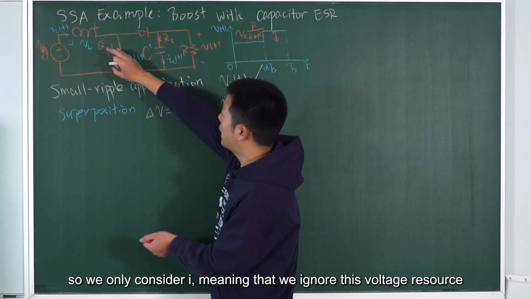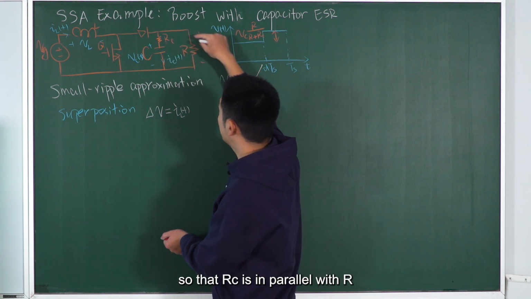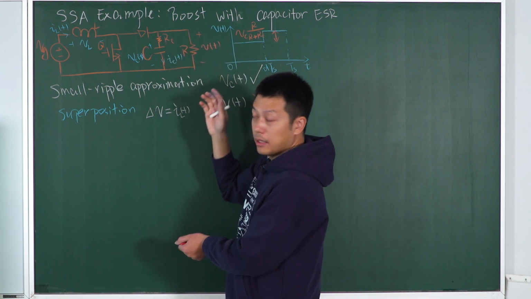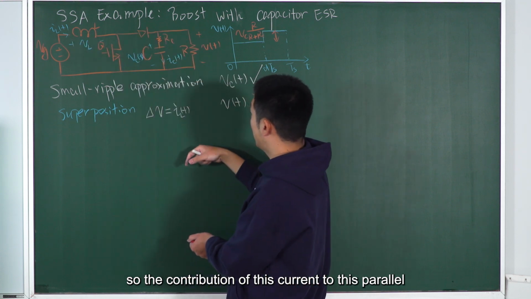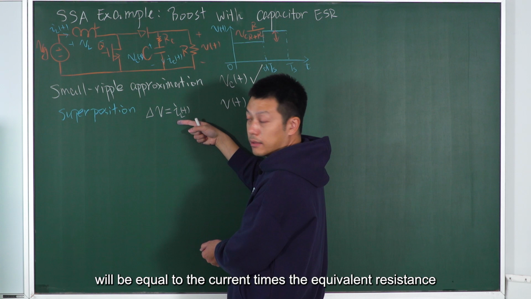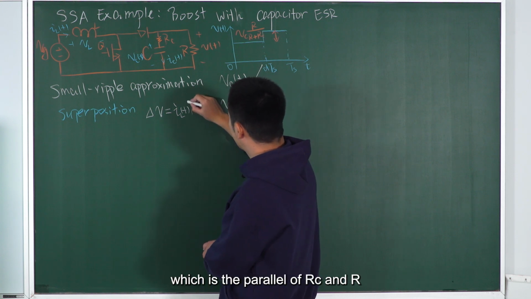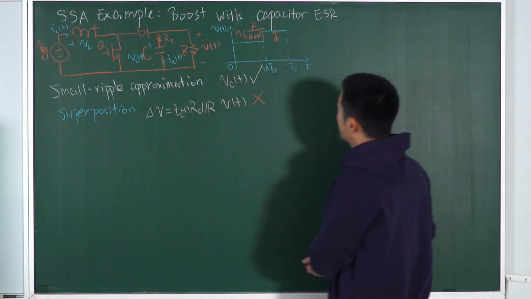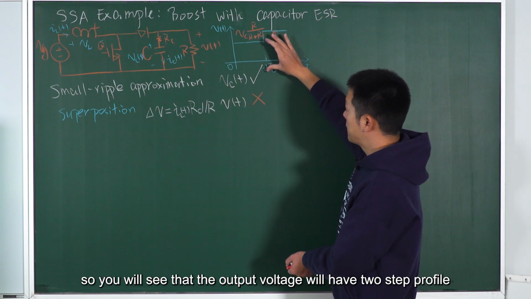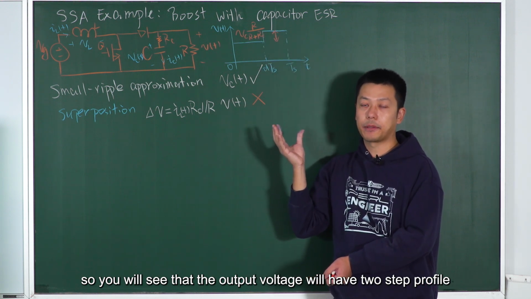We only consider IL, meaning that we ignore the voltage source, so RC is in parallel with R. The contribution of this current will equal the current times the equivalent resistance, which is the parallel of RC and R. So you will see that the output voltage has a two-step profile.